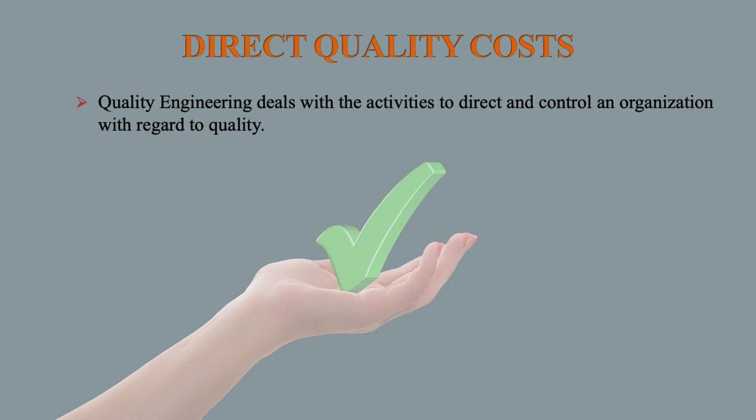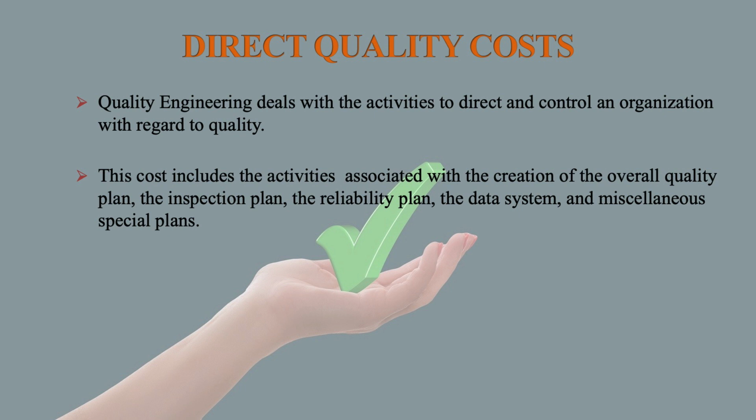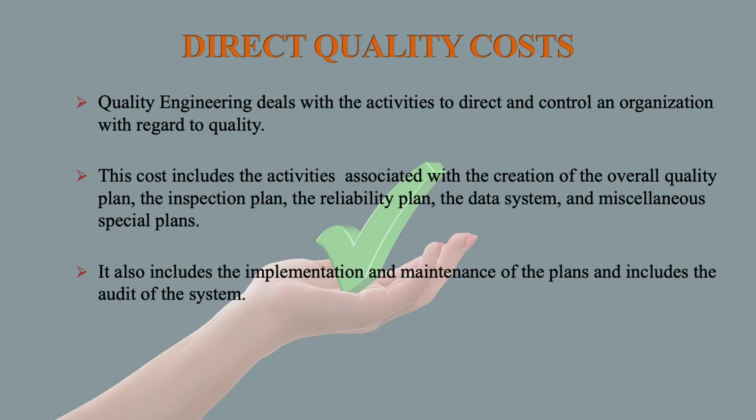Quality engineering deals with the activities to direct and control an organization with regard to quality. This cost includes the activities associated with the creation of the overall quality plan, the inspection plan, the reliability plan, the data system, and miscellaneous special plans. It also includes the implementation and maintenance of plans and includes the audit of the system.